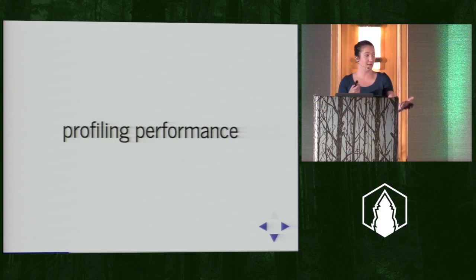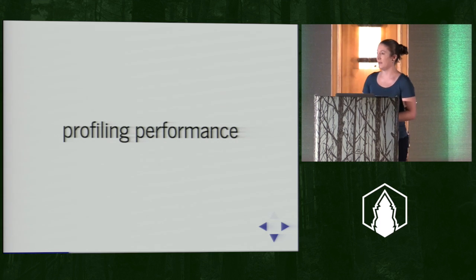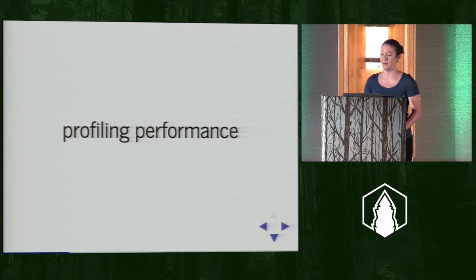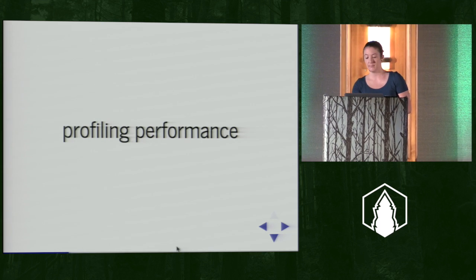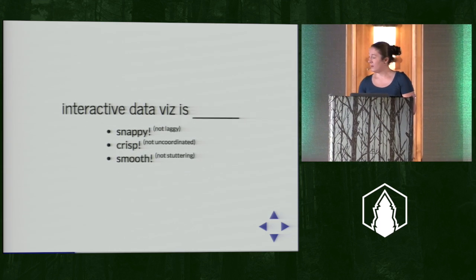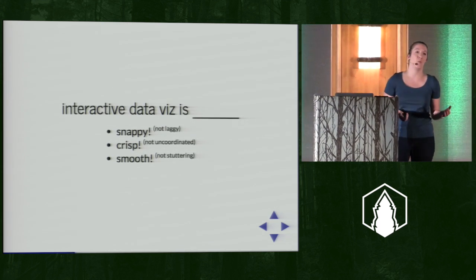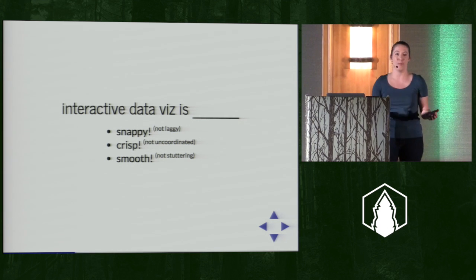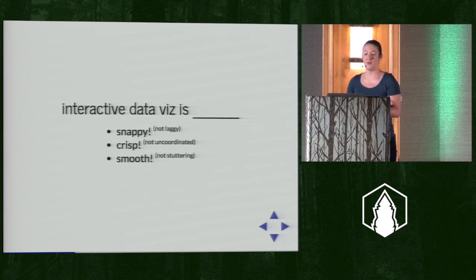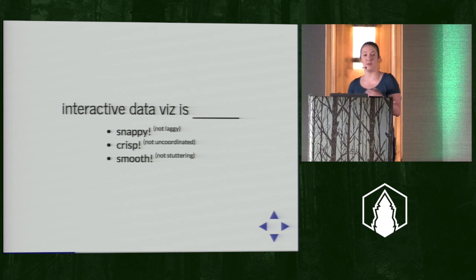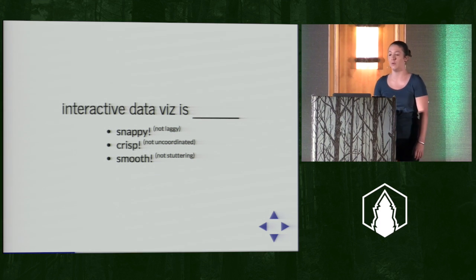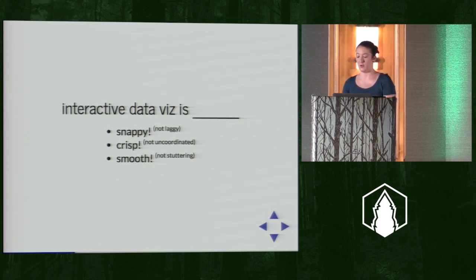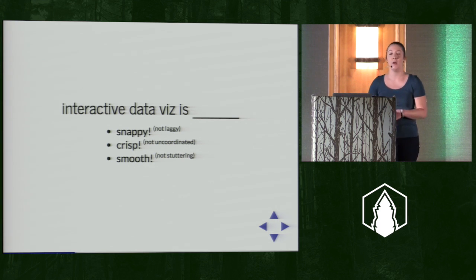And so that is leading me straight into this discussion of profiling performance and data visualization. So just like any experience of a website or a web application, when you're doing something with interactive data viz, obviously you want it to be snappy and crisp and smooth. You want your users to have a good experience and not have any noticeable lag or desynchronization or stuttering.